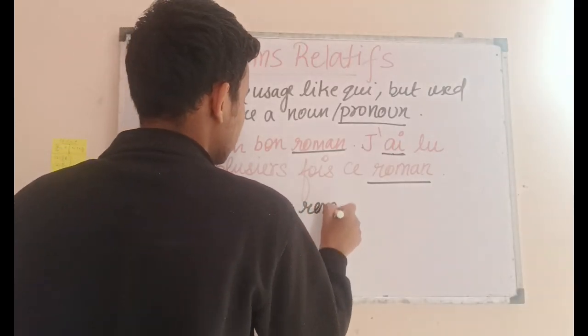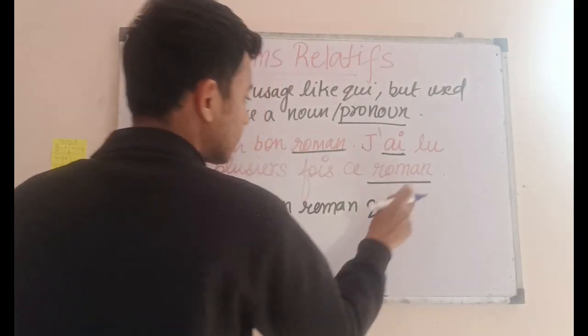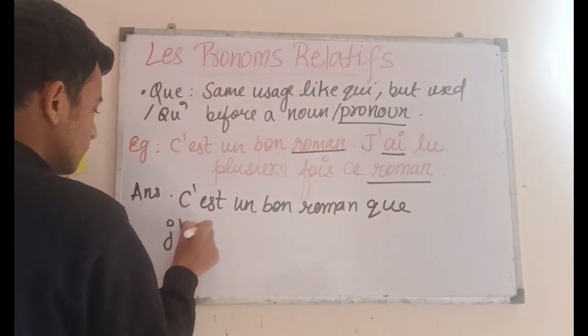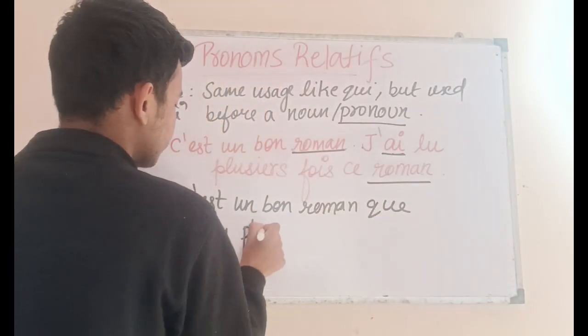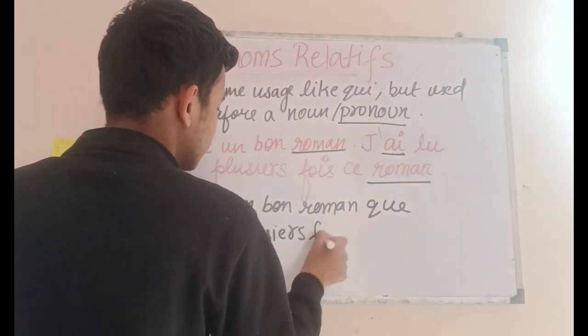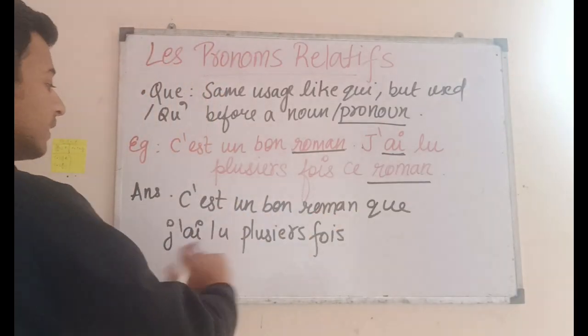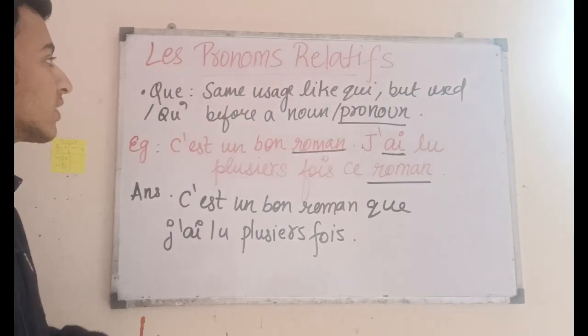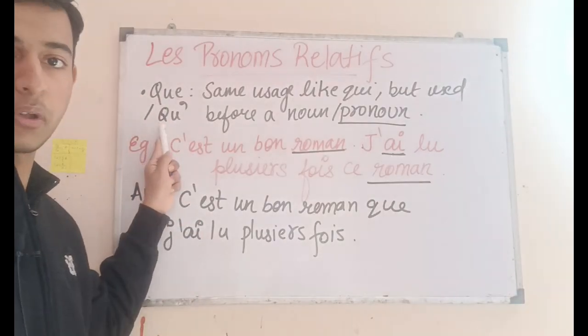c'est un bon roman que j'ai lu plusieurs fois. This is a good novel that I have read many a times. So this is the usage of que or qu'.